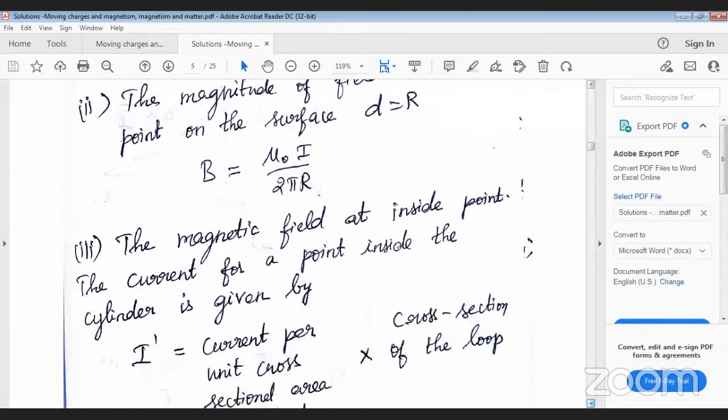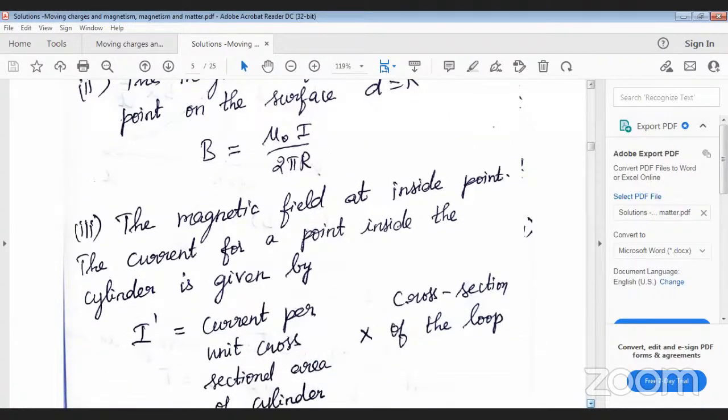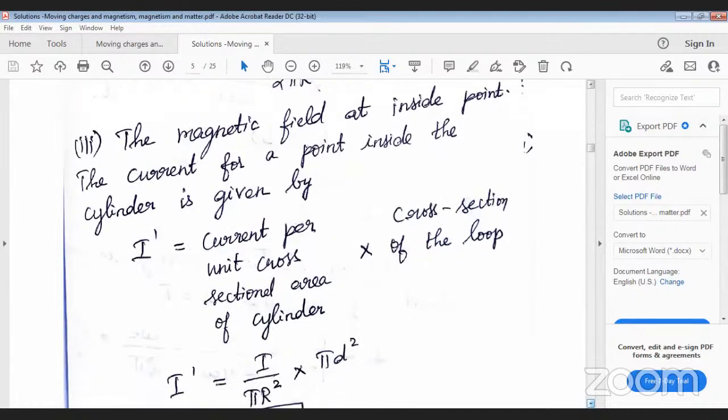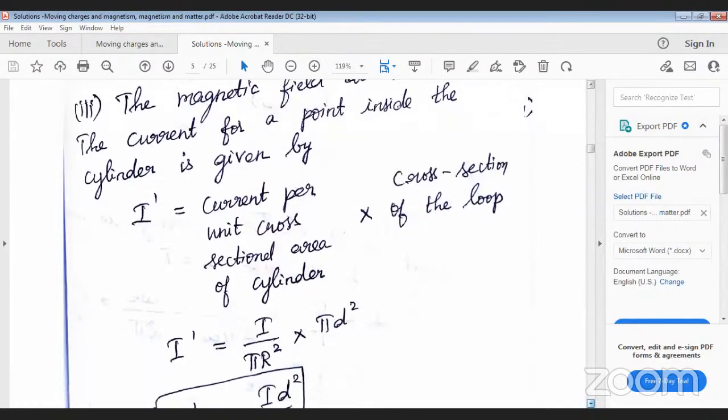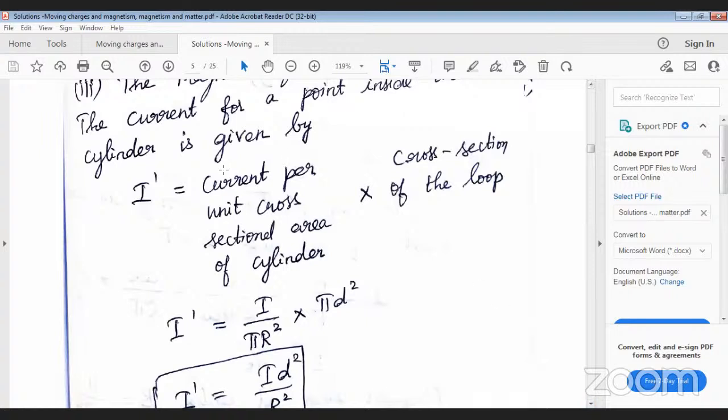And the magnetic field at a point inside, the current varies. Why does the current vary? Because the current per unit cross sectional area of the cylinder you need to multiply by the cross section of the loop. So current per unit cross sectional area is I by pi R square.